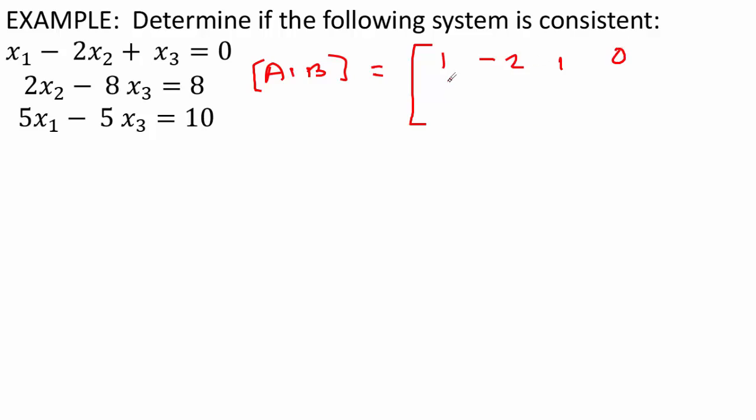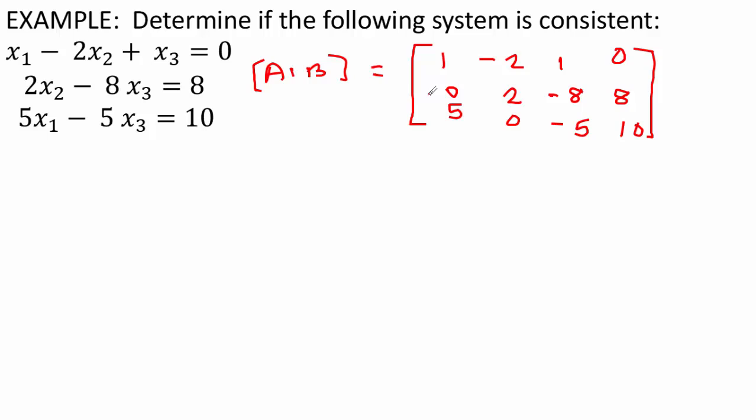In the second row, coefficients of x1, x2, x3 and the constant term of the second equation: 0, 2, minus 8 and 8. In the third row: 5, 0, minus 5 and 10. This is the augmented matrix constructed from this system.